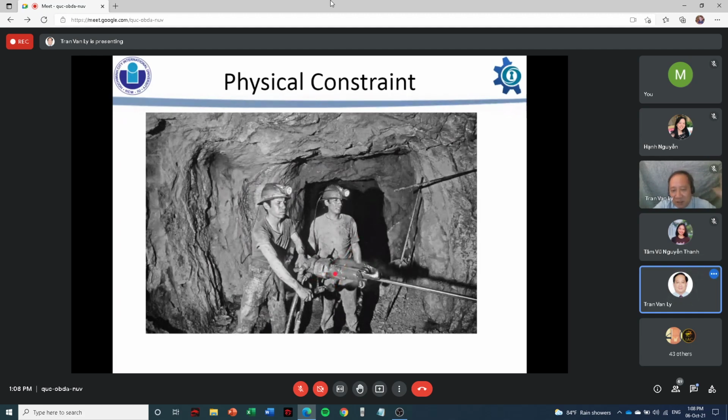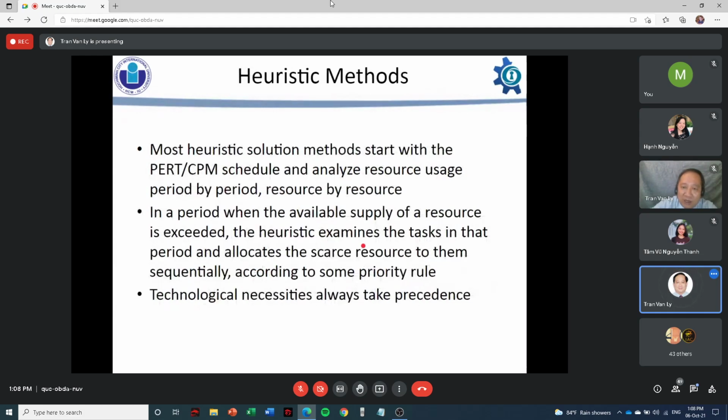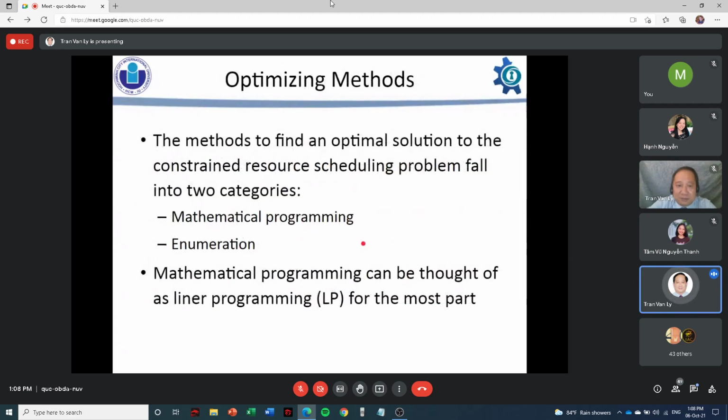Physical constraint, safety, very important, the most important. You can see the noise, humidity, moisture, temperature, lighting, space. Where is the escape route? What else? Heuristic, yes, for sure. That's why we do many projects; we know more. Any question?